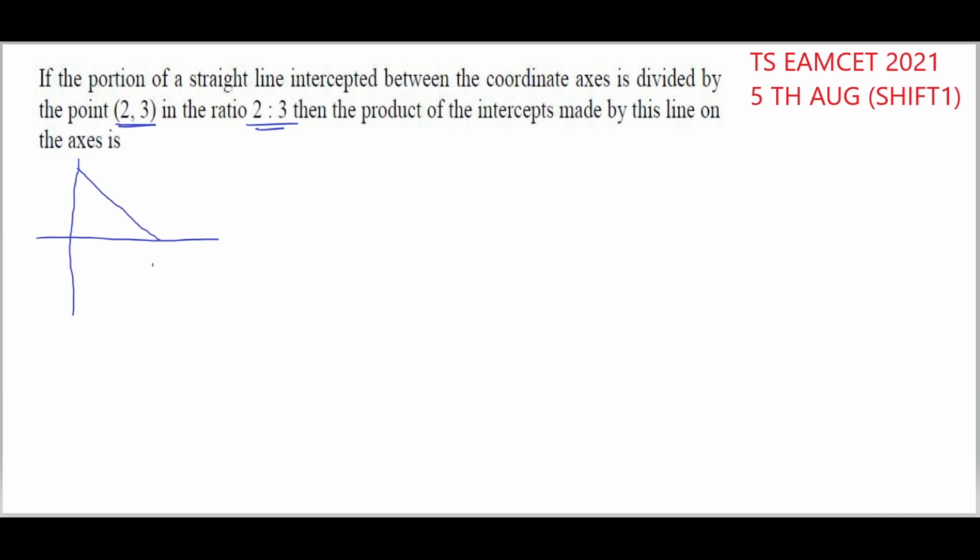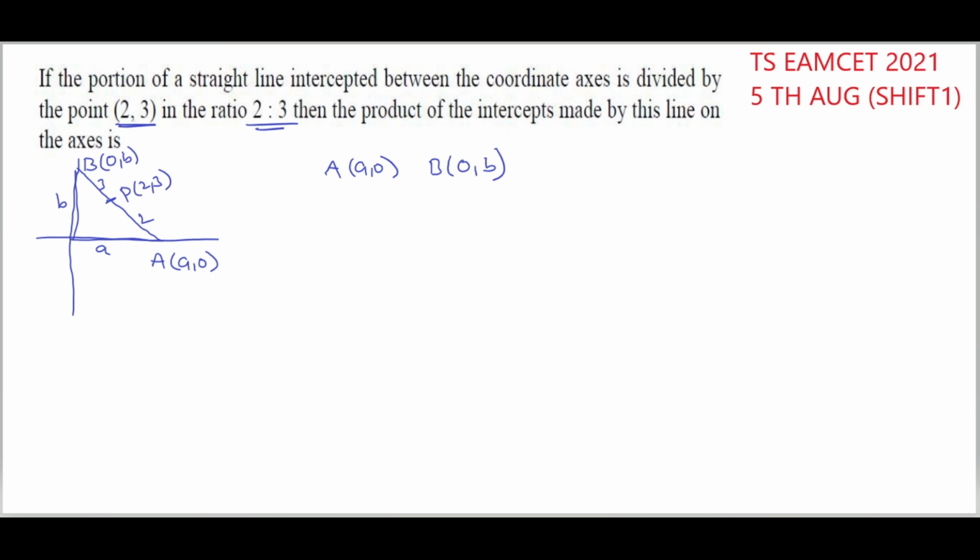This line cuts the x-axis at capital A, that is (a, 0), and the y-axis at capital B, (0, b). Now the point P (2, 3) divides this portion in the ratio 2:3. Here small a is the x-intercept and small b is the y-intercept.